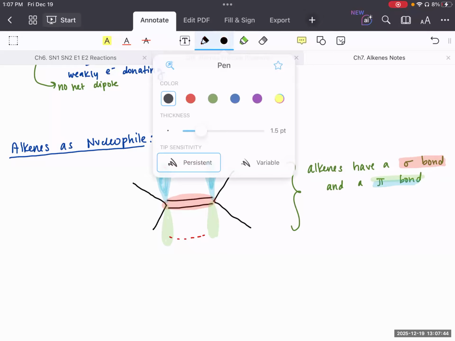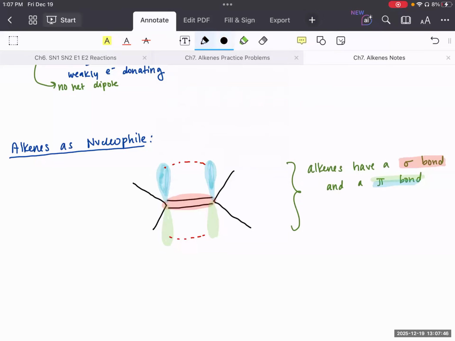And so this pi bond extends above and below the alkene. It's further away from the center of that carbon-carbon bond, and as a result of that, it is weaker than that sigma bond. The electrons in it are available for reactions.